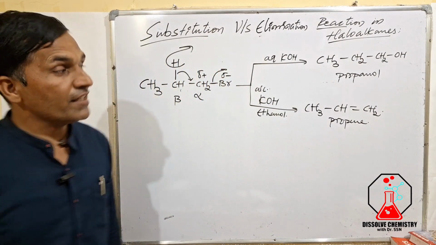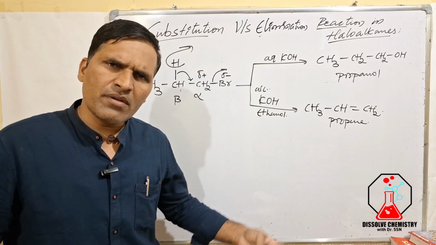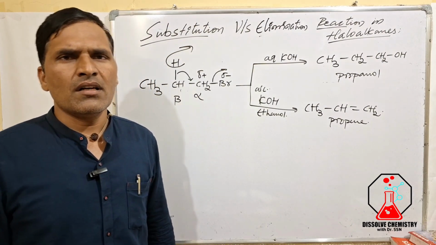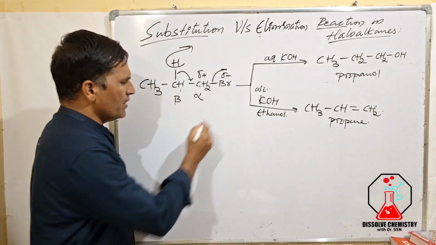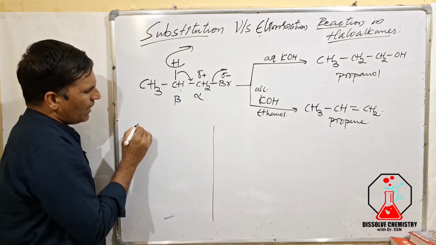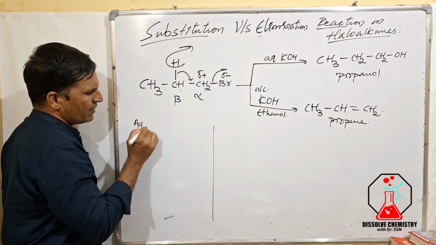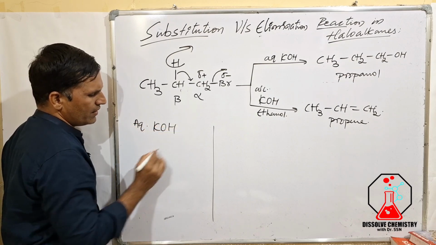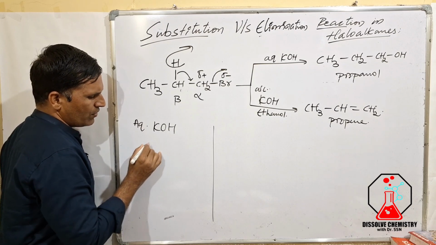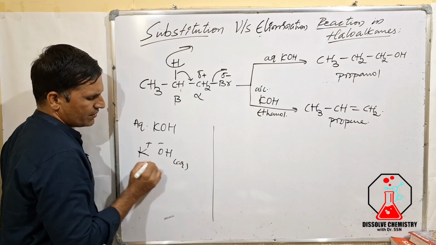All right. Why does it so happen? Why am I getting different products, even though potassium hydroxide is the reagent in both cases? Let us see that. We will bifurcate this. Aqueous KOH, if it is there, is KOH dissolved in water. It will ionize to give K plus and OH minus, aqueous.